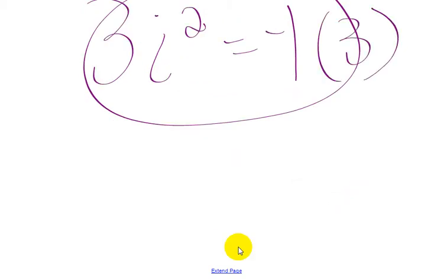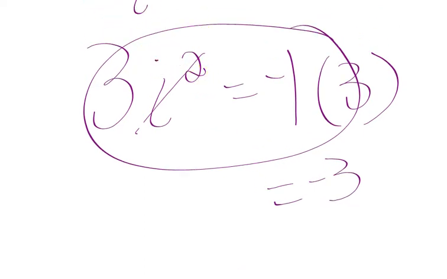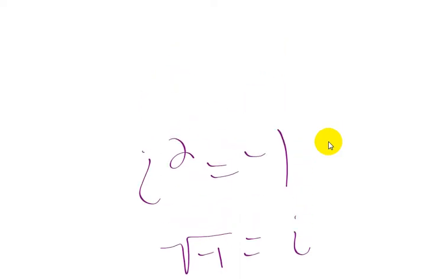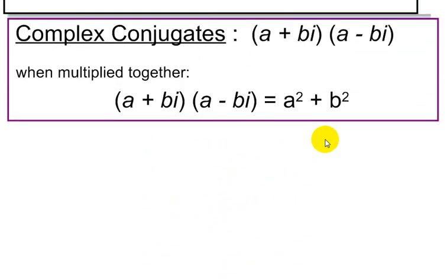It's going to simplify to i squared goes to -1 times 3, which is -3. The whole basis says i squared equals -1, and the square root of -1 is equal to i.